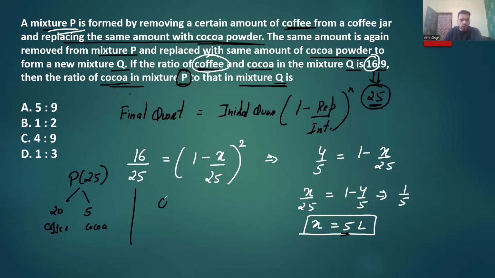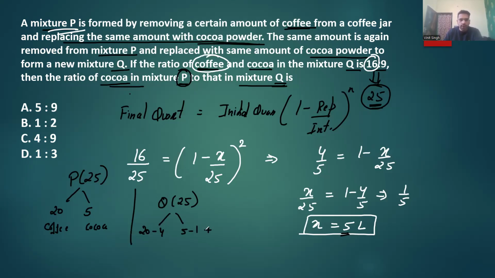Getting it? Now in mixture Q, the quantity remains the same. But here coffee is 20 and cocoa is 5, and you are removing 5 kg or liter. So 5 kg will be removed in the ratio 4:1. 20 minus 4, 5 minus 1.